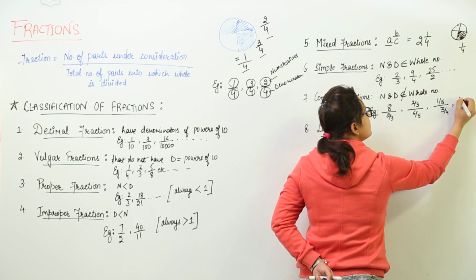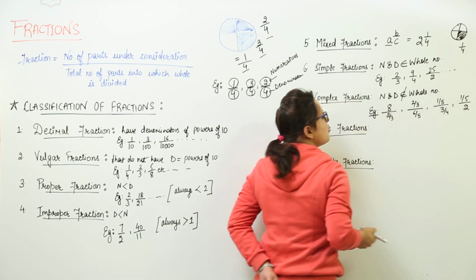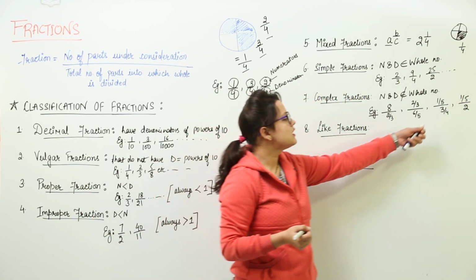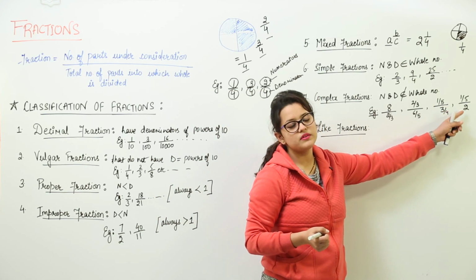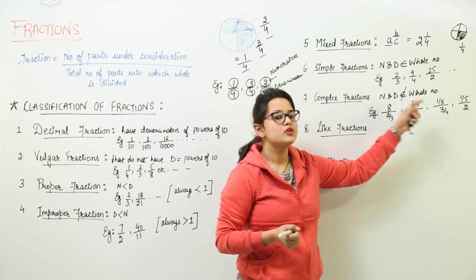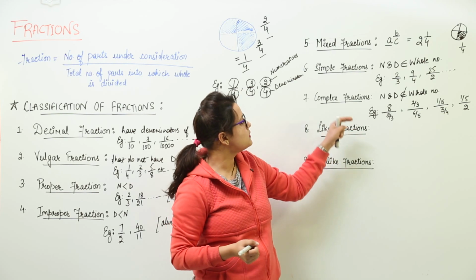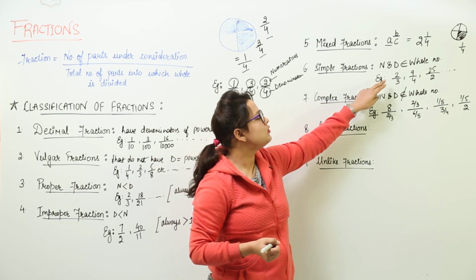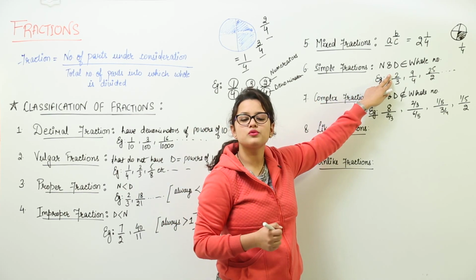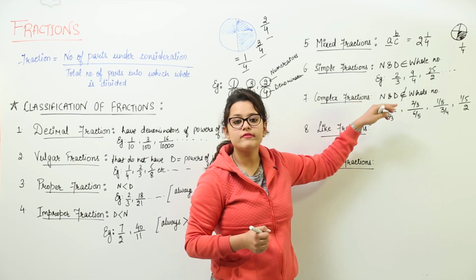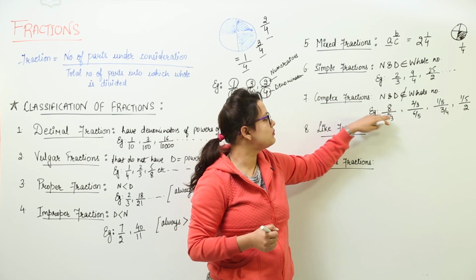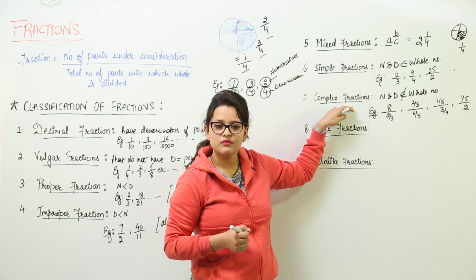You can have n number of examples for this. Even this is a complex fraction. Why? Because the numerator is not a whole number, whereas the denominator is a whole number. So for a fraction to be a simple fraction, the numerator and denominator both should be whole numbers. Even if one of them is not a whole number, it will be considered a complex fraction.